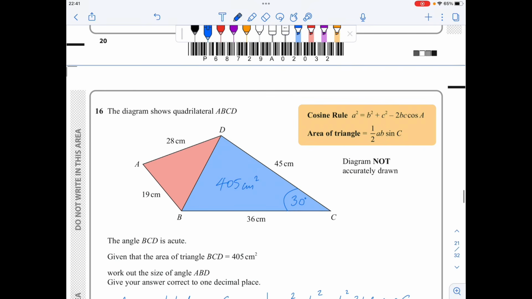So now I'll use the red triangle with the 22.695 I found in order to calculate angle B. To do so, I'll use the cosine rule again.